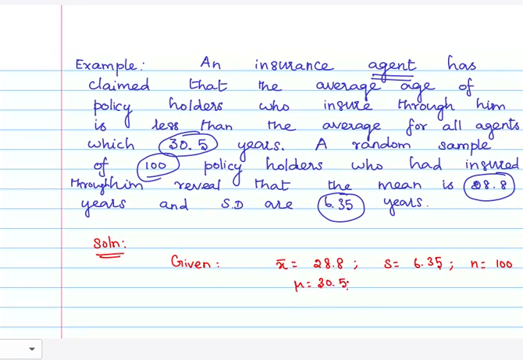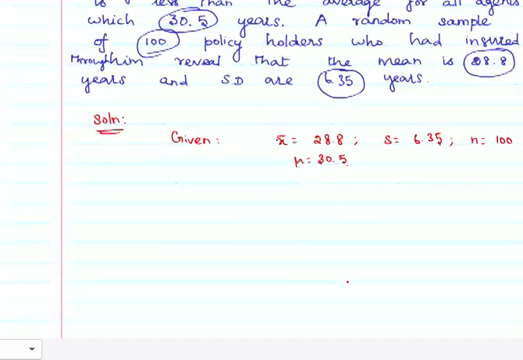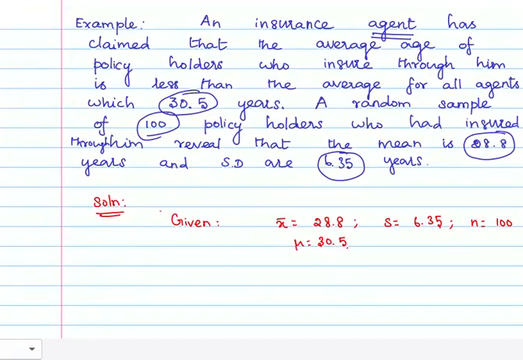He wants to claim that the mean is less than 30.5 years, correct? So your H1 is mu less than 30.5. Then what is H0? H0 is mu equal to 30.5.